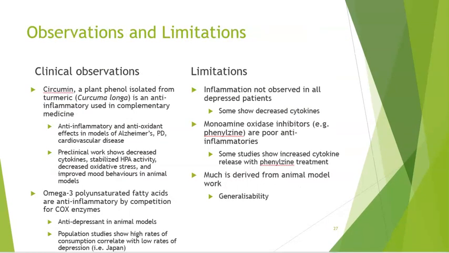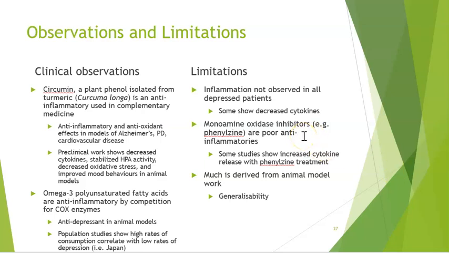And then finally, there are, of course, observations and limitations. Let's just go over the limitations. So inflammation is not observed in all depressed patients. Only some show it. Some patients actually show decreased cytokines. So again, just like all the other hypotheses, we're not getting the full story.